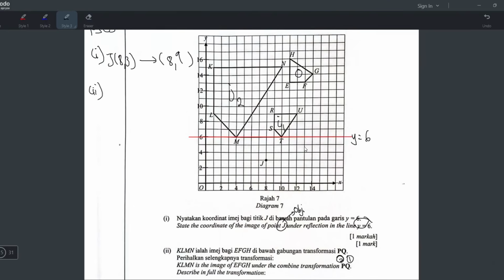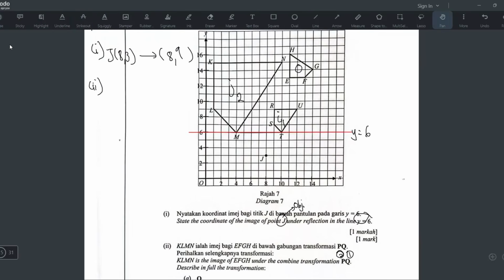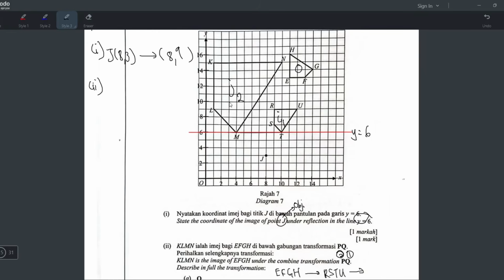And I always teach my students to write the arrow. So first you start with EFGH, and then the first image I1 is RSTU, and then the final image KLMN. The first arrow is the first transformation Q, and the second arrow is P. Why is it important to write this?